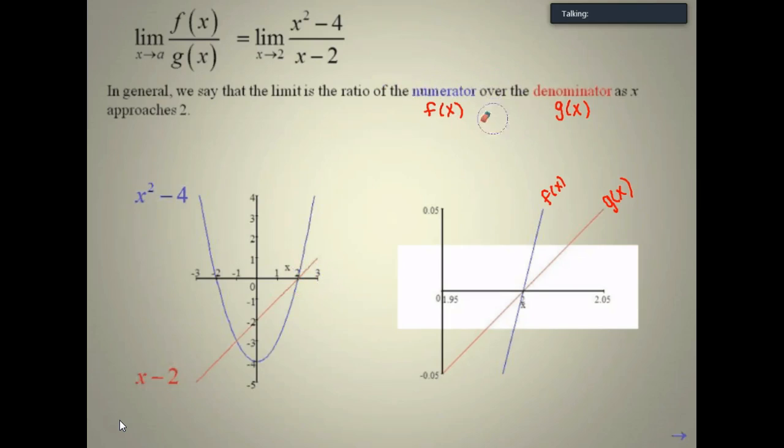What we're doing essentially mathematically, which is what those guys calculated, is looking at the limit of the ratio of the numerator, comparing it to the limit of the ratio of the denominator. So you're comparing the numerator to the denominator at that point 2. Essentially we are looking at the slope or the limit ratio at 2, comparing the numerator to the denominator.